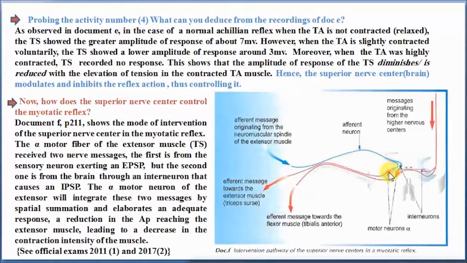So it is going to receive an EPSP, and this is going to cause it to generate action potential in the axon, which is going to reach the extensor muscle, the triceps surae, and cause it to contract. Remember, this is the case where the antagonist, the tibialis anterior, was not voluntarily contracted at all. It is the case of a normal Achillean reflex.